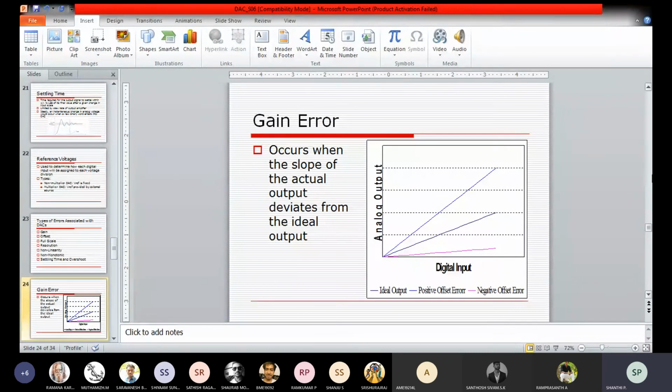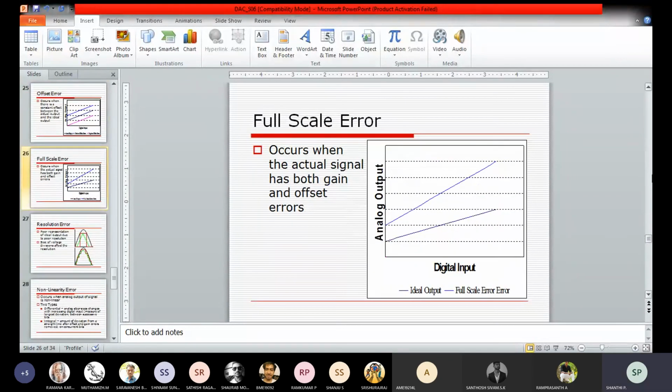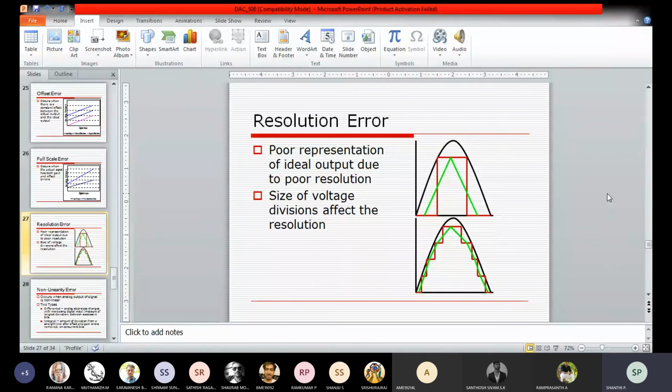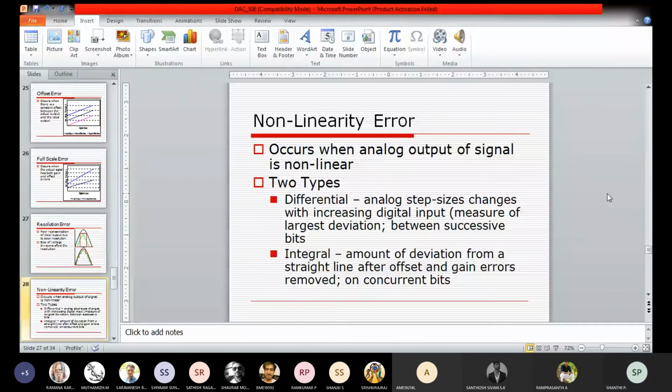Gain errors and full scale errors show how much it is varying. Resolution error means a particular output value. Non-linearity has two types: differential and integral.